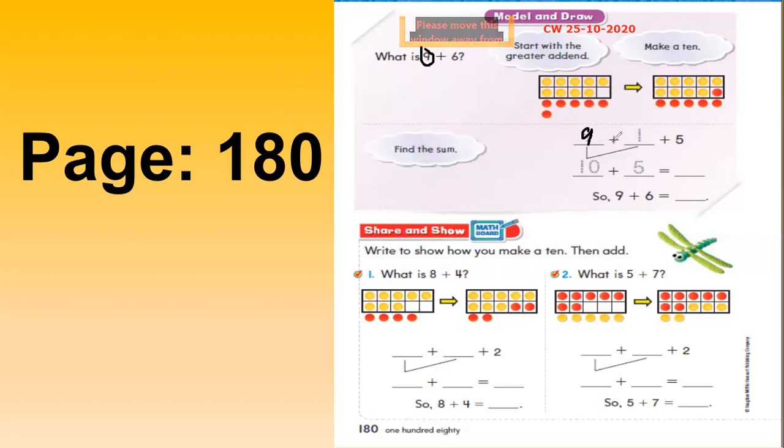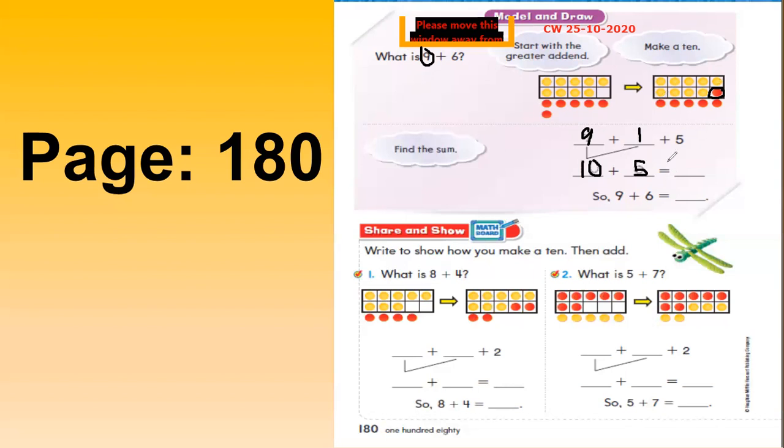Now, to make it 10, how many do we add? Look here, the red color. How many did we add? Yes, we add 1. So that gives us 9 plus 1 gives us 10. And then how many leftover counters we have? We have 5. So 10 plus 5.